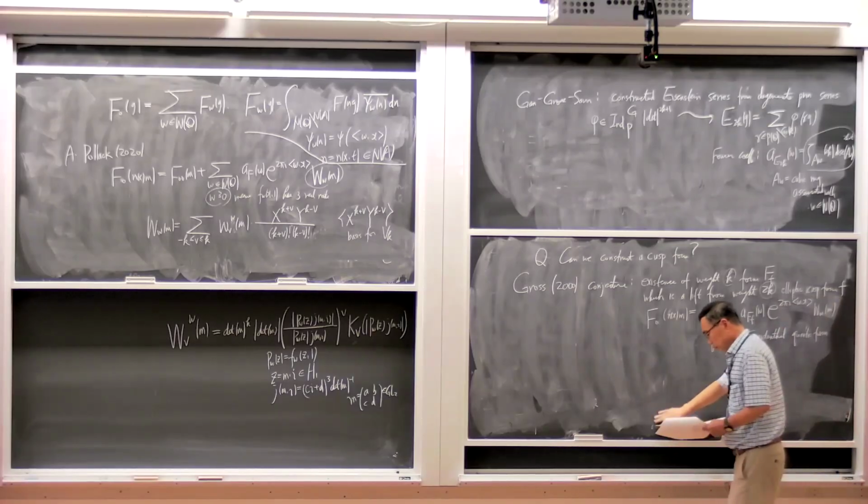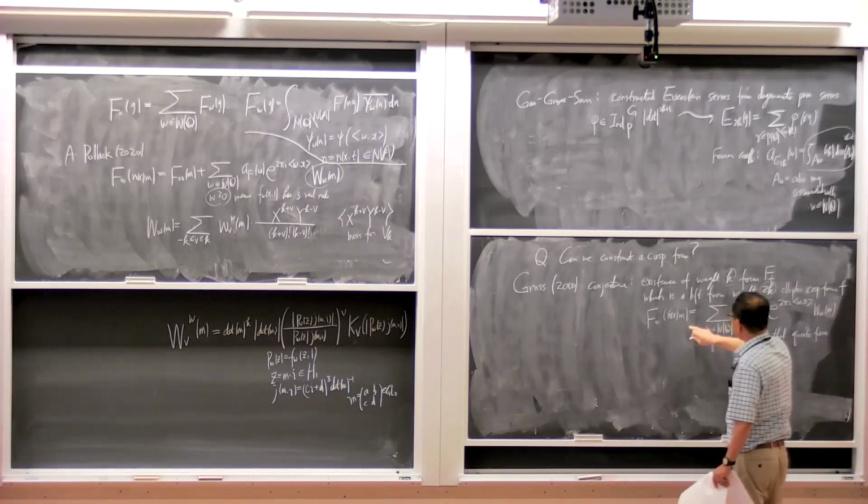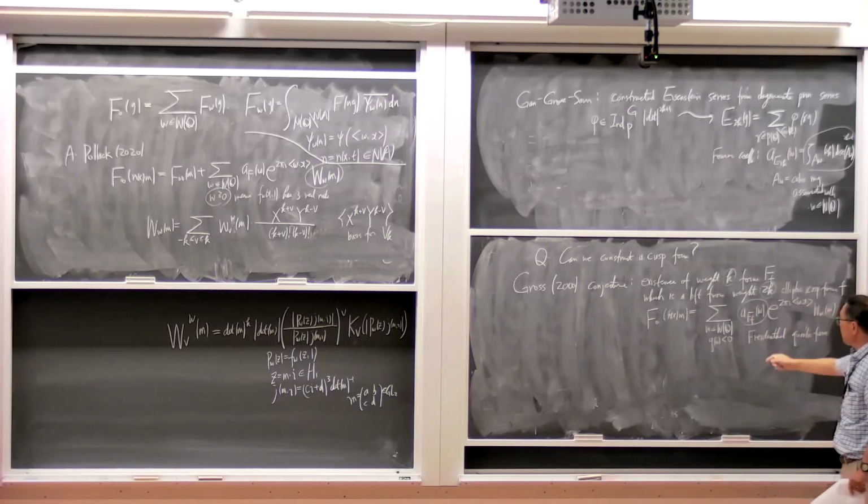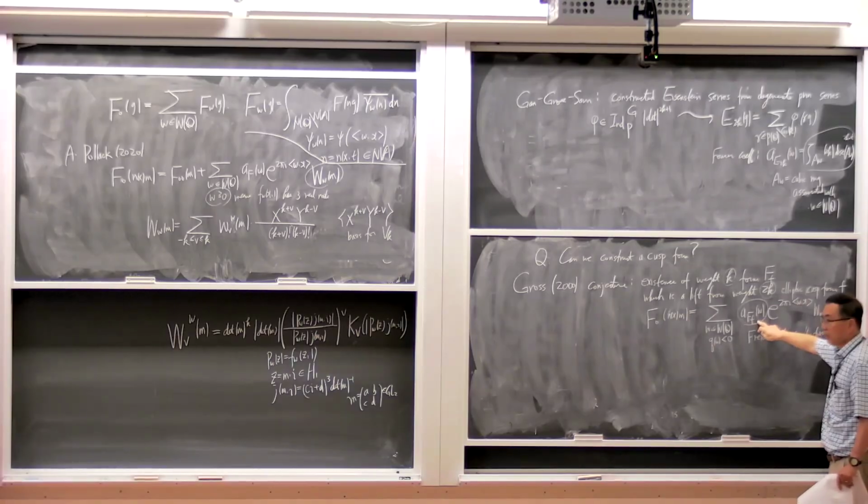In that case, the Gross conjecture gave a precise relationship for these Fourier coefficients.